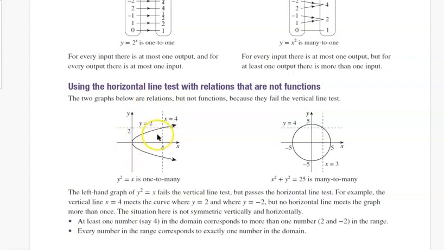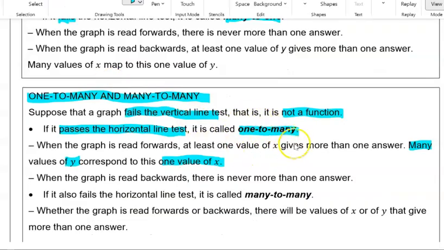In this case, it is going to fail the vertical line test because at each vertical line, we're going to have 2 points that the line passes through. But in the horizontal line test, it is going to pass. So that's an example of the one-to-many.